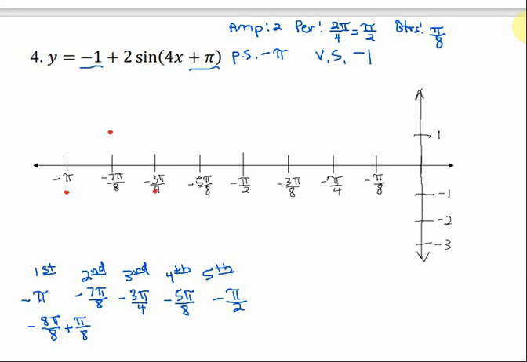Then we go down 2 spaces to -3. And then we go back up to -1, and that completes 1 full period. And that's what our sine graph looks like.